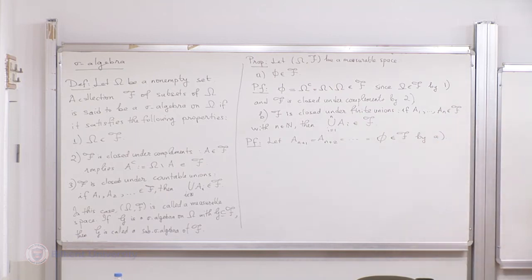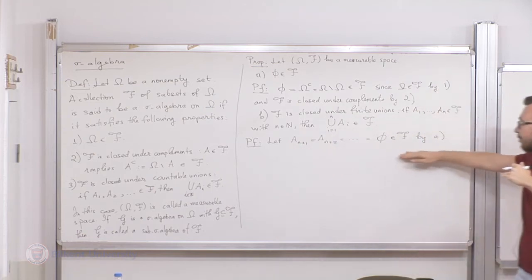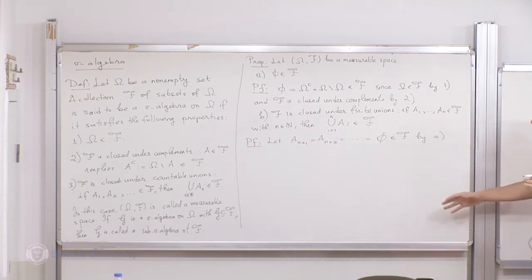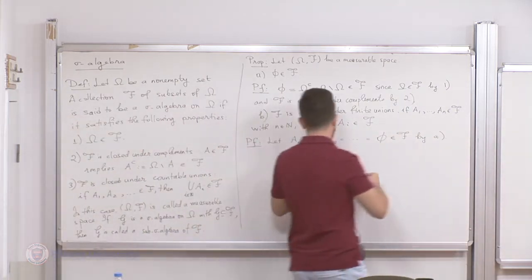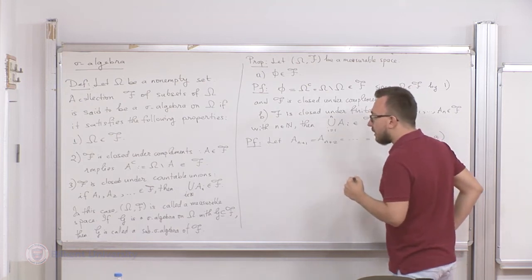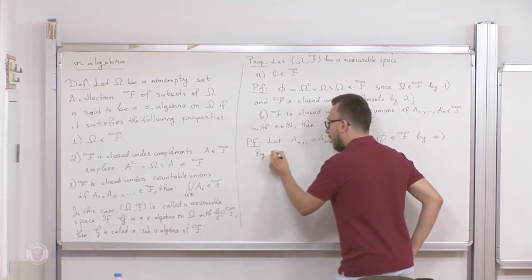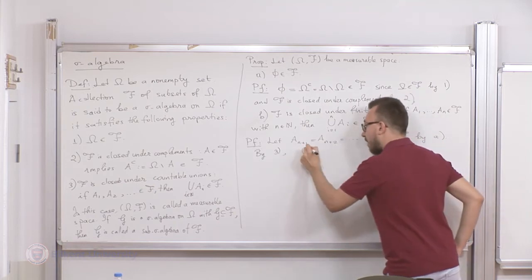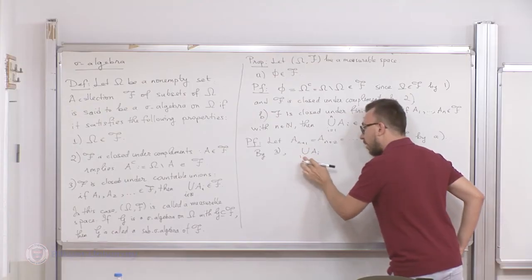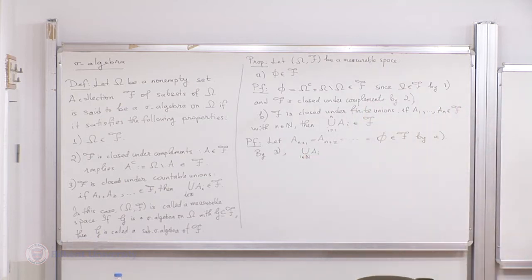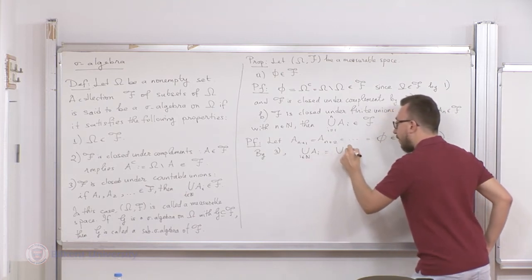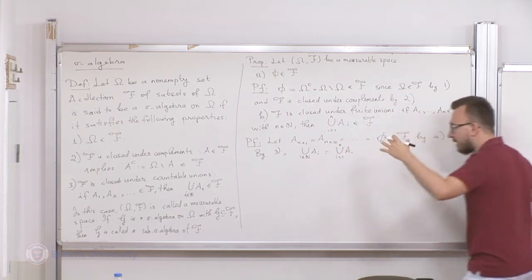So now we have A1, A2 up to An already in the sigma algebra. This is given to me. And now I created extra events that are also in the sigma algebra. So they are all part of the sigma algebra. And by 3, we can say that their union is in the sigma algebra as well. By 3, we have the union of all Ai, which is equal to the union of Ai from 1 to n, because the rest are empty sets.